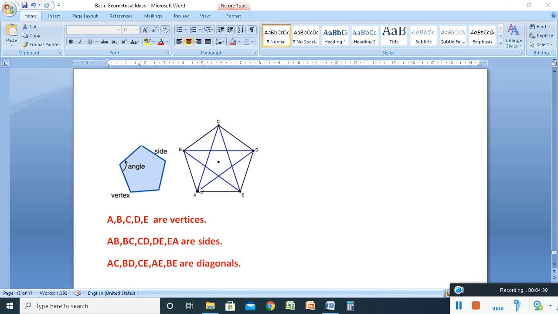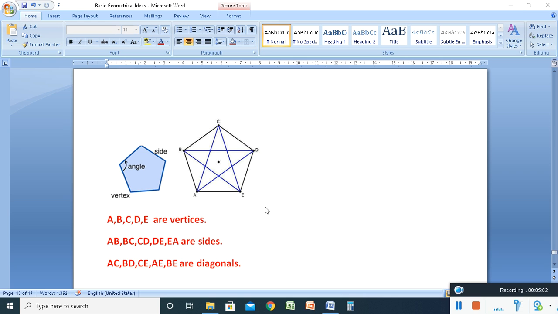So totally five sides are there, right? AB, BC, CD, DE and EA. These are the sides of the polygon. And if you take the vertices, the points we mentioned here: A, B, C, D, E. These are the vertices of this polygon.